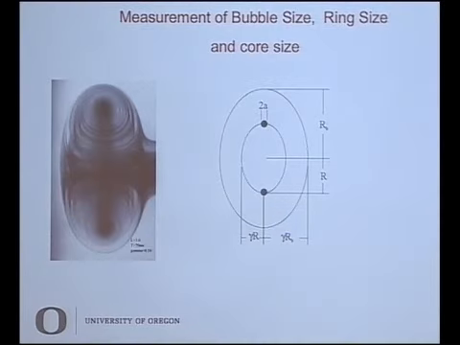Obviously, this bubble has an eccentricity. The radius of the ring is R. The radius of the bubble is R sub B, and the ratio between the two is called gamma. It's the eccentricity of this ellipse. You can understand the bubble if you use an electromagnetic analogy.